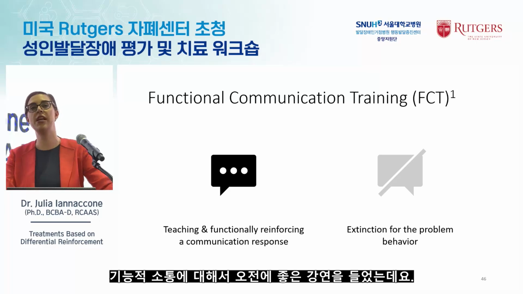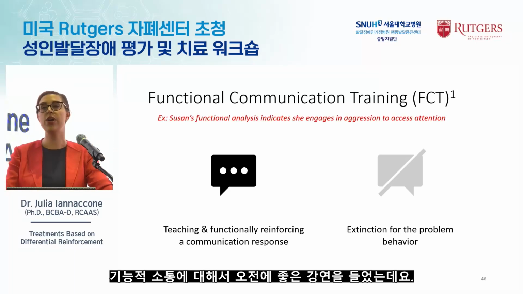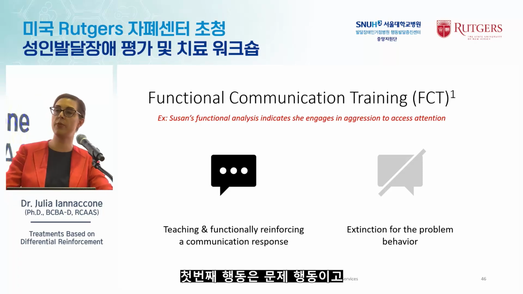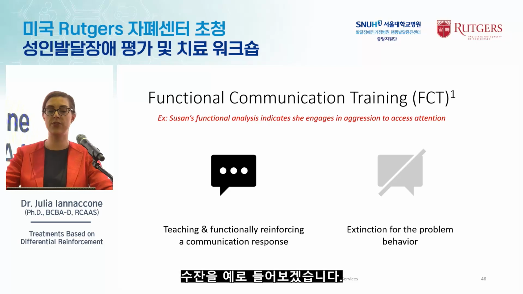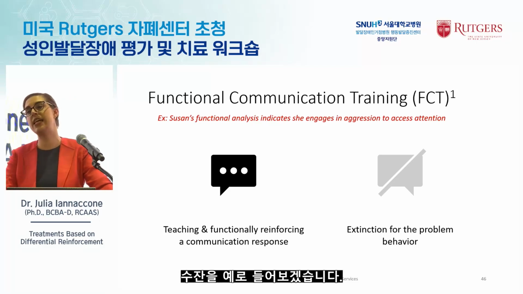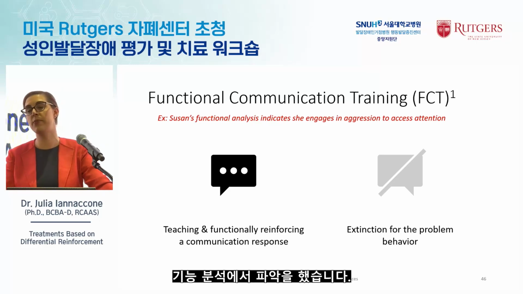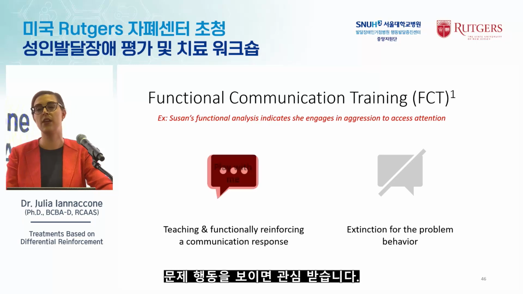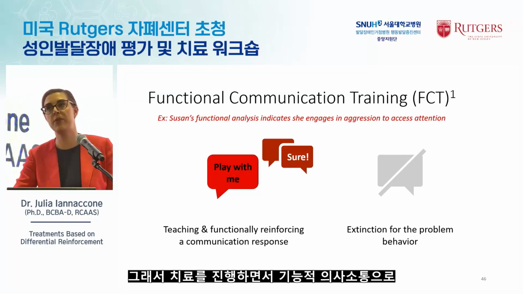Sung-Woo did a great job talking about functional communication this morning. We are going to teach, so behavior 1 is problem behavior, behavior 2 is an appropriate communication response. Let's take Susan, for example. Her functional analysis indicates that she engages in aggression for attention. So in baseline, she engages in problem behavior, she gets attention. During treatment, maybe her functional communication response is "play with me."